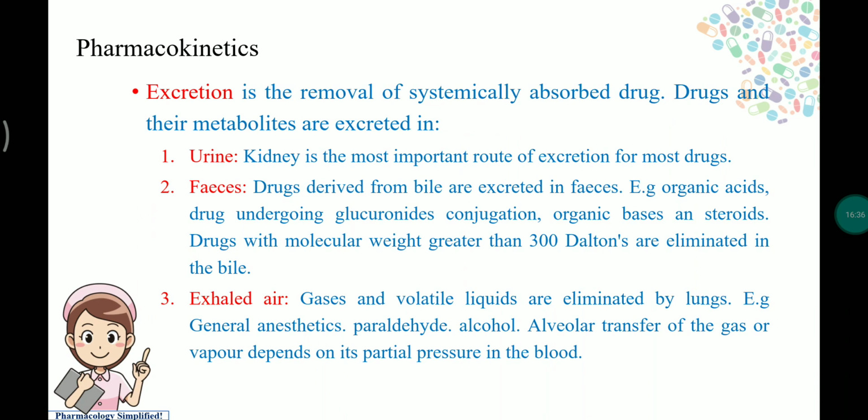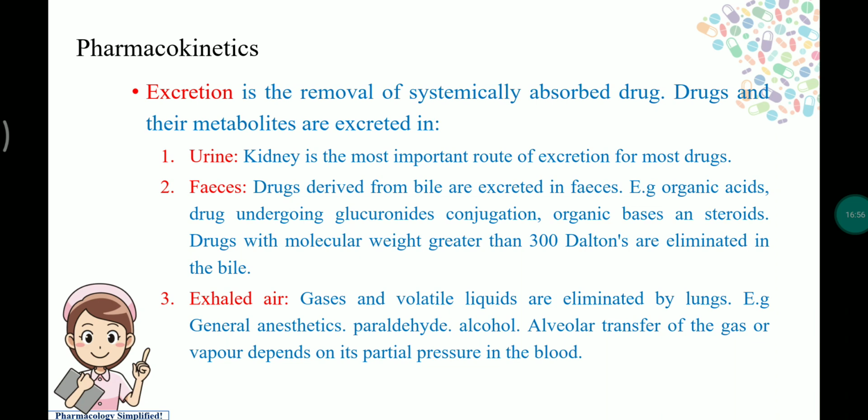Coming to excretion. Excretion means elimination of the drug from the body to the outside, the removal of systemically absorbed drug. So how are they excreted? The first one is urine, or renal elimination.